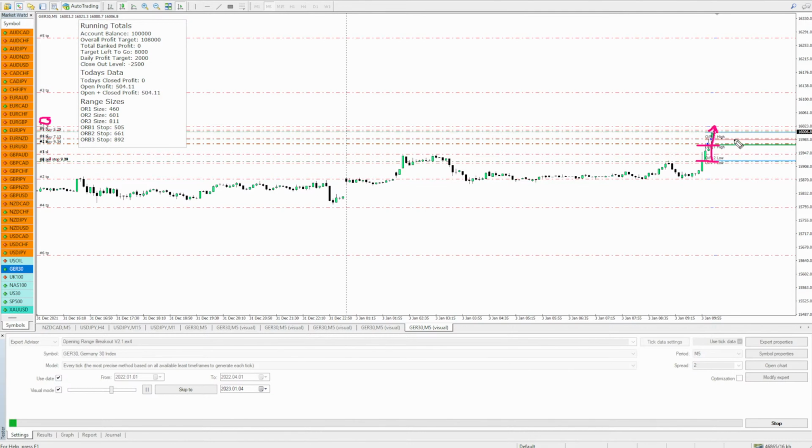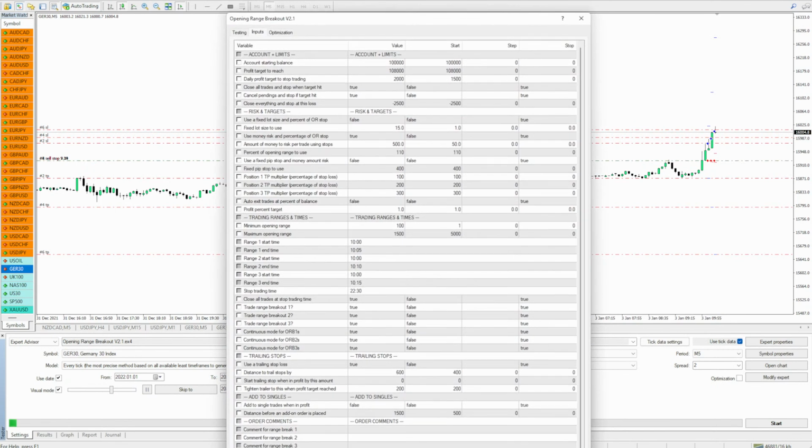The second trade was there, and we ask for a 200% of the opening range for our TP to be placed. So that is a 2-to-1 risk reward. The third entry is there, and that has set a 3-to-1 risk reward. Okay, so that multiplier is a percentage of your stop loss, as it says there.